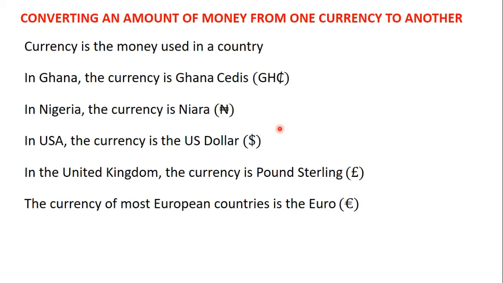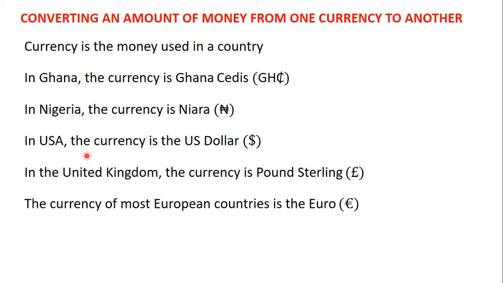When you travel from one country to another, you have to convert the money you have to the currency of the country you have visited before you can buy goods or pay for services. So, for example, if someone travels from Ghana to Nigeria, the person will have to convert his Ghana cedis to Nigerian naira before he can buy goods or pay for services in Nigeria.